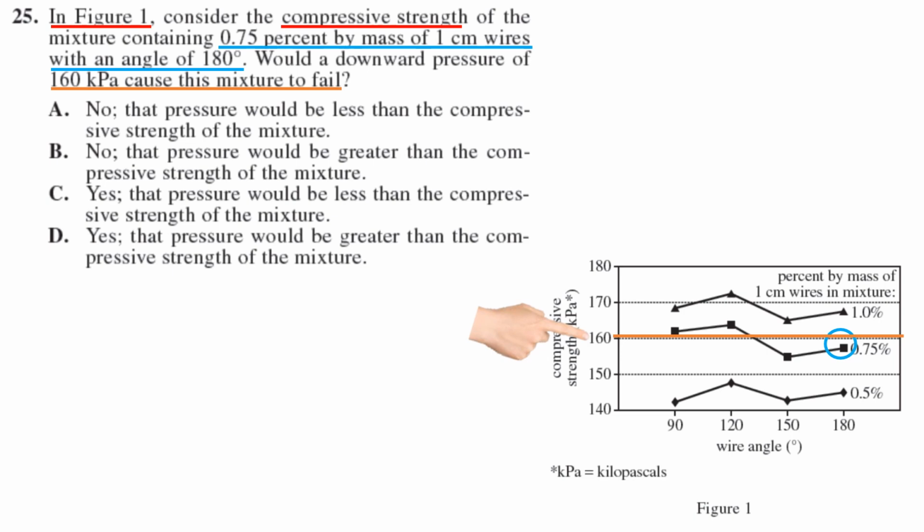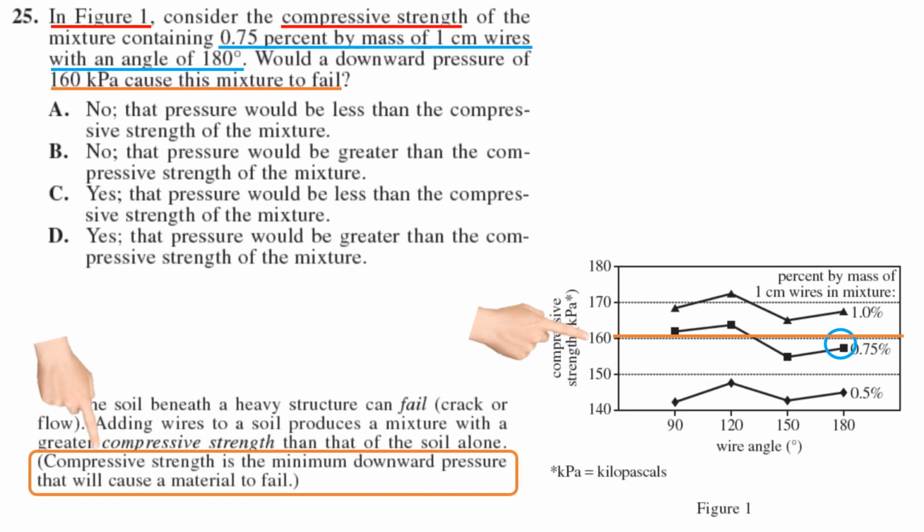How do we know? We have to go to the reading, and it says a compressive strength is the minimum downward pressure that will cause the material to fail. So that means that if it's at 160, like the maximum compressive strength that this could withstand is about 158-ish, right? So 160 will cause it to fail. So yes, and the reason is the pressure will be greater than the strength of the mixture. So D.